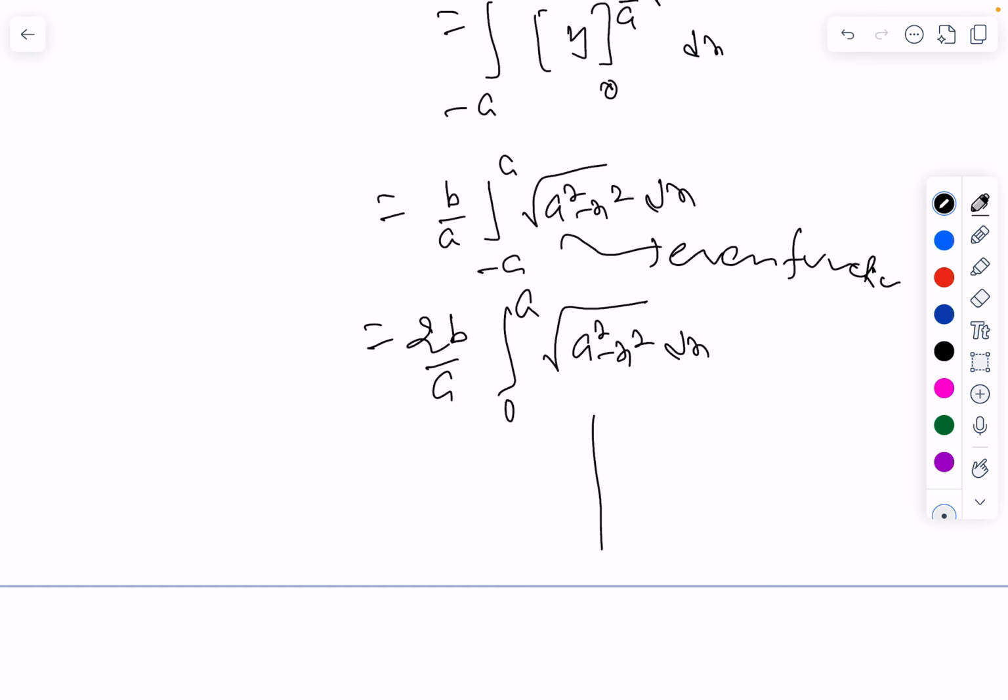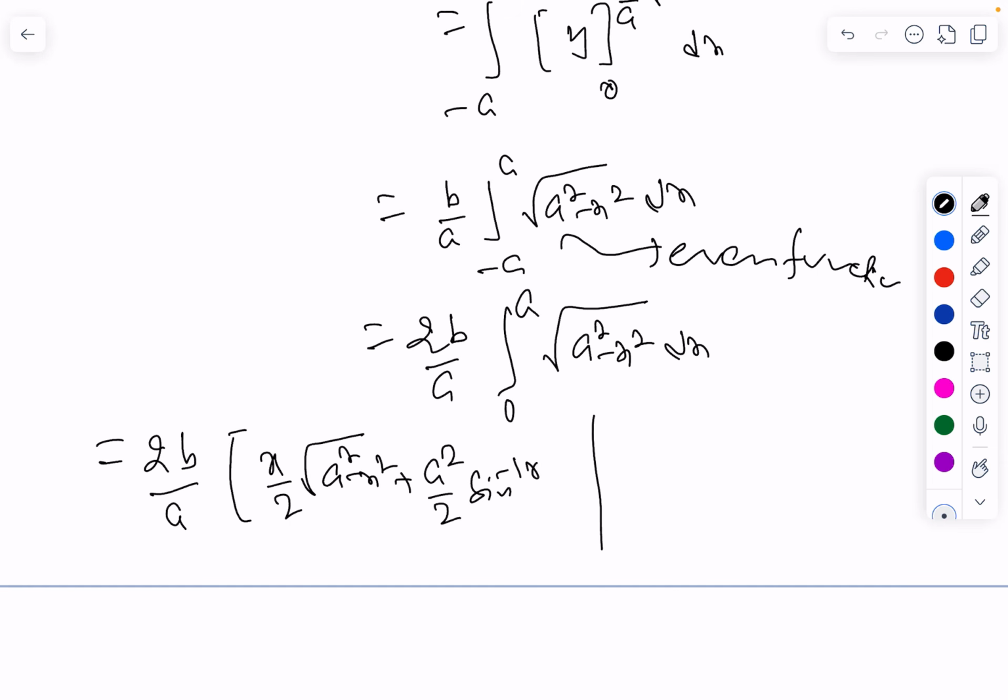So if I want to use directly the formula, then it is 2b by a. This is the integration of root a square minus x square, which is x by 2 root a square minus x square plus a square by 2 sine inverse x by a. If you can't remember this formula, then there is another way.